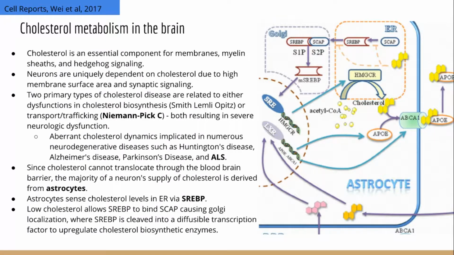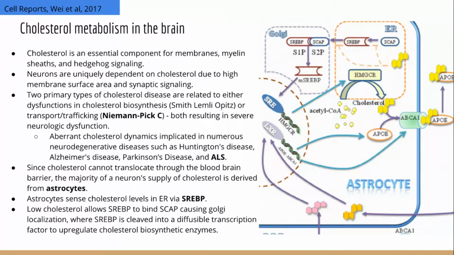But the brain can't extract cholesterol from the blood, and so it produces cholesterol in situ, right there at the spot in the brain. This also means that disorders of cholesterol metabolism can't rely on dietary cholesterol. And so cholesterol supplementation, just from eating more cholesterol, cannot substitute for errors in cholesterol metabolism in the brain.